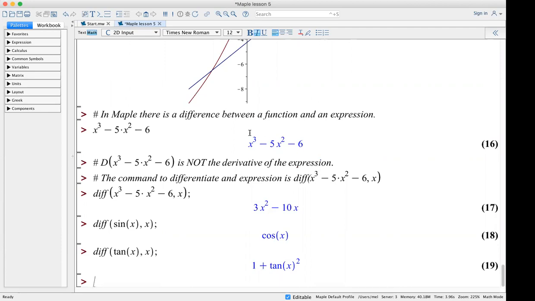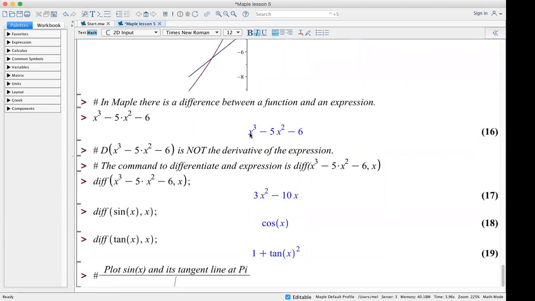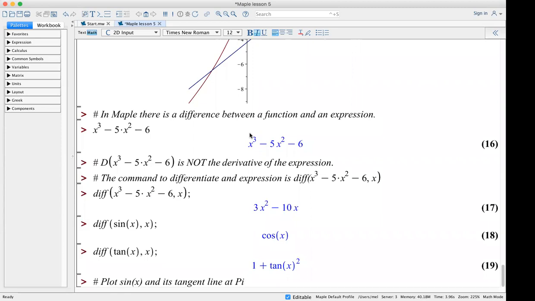So suppose we have sine of x, and we want to find the tangent to the sine at some point, like, I don't know, pi over 4. So plot sine of x and its tangent line at a point.